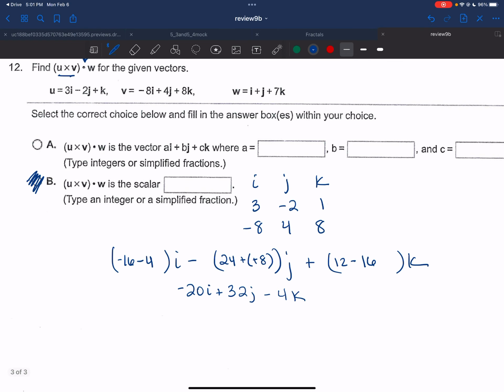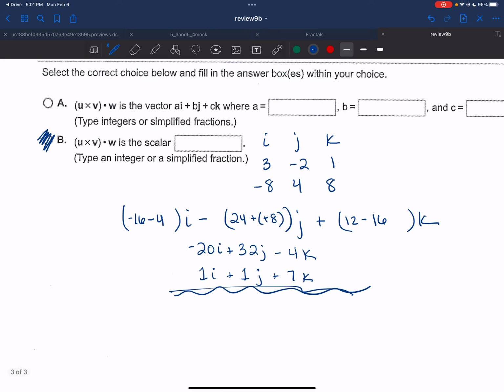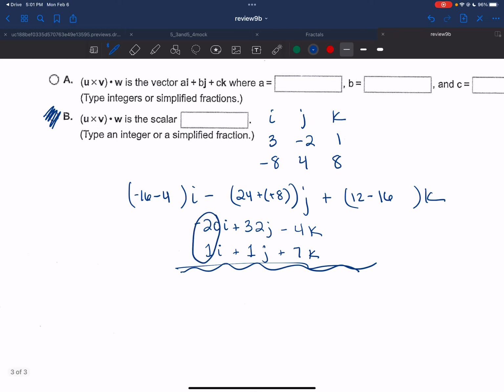Now I'm going to take that w and do a dot product. So w is 1i plus 1j plus 7k. Make a squiggly. So negative 20 times 1 is negative 20. 32 times 1 is going to be plus 32.